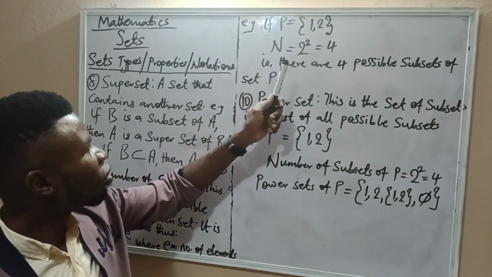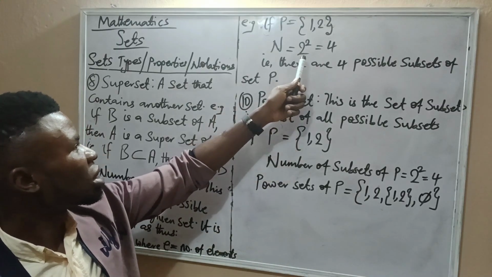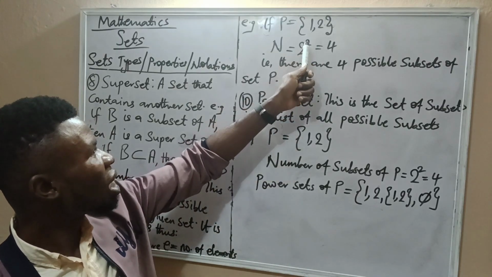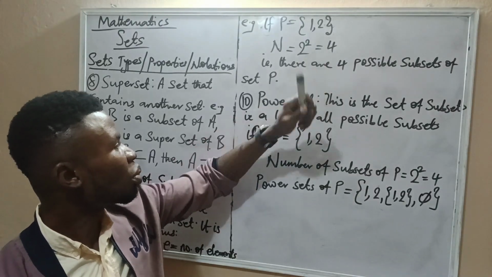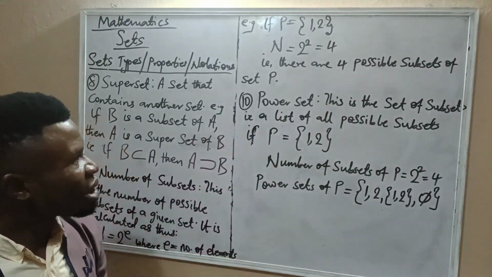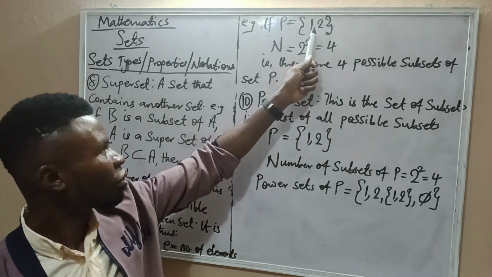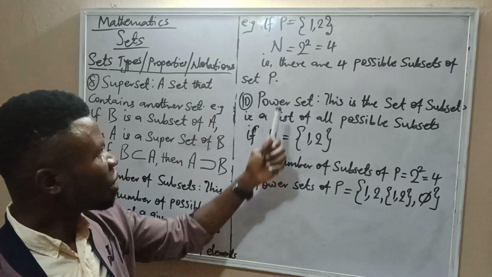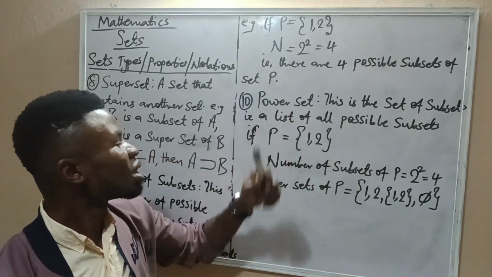The number of possible subsets we can get in P is 2 to the power of 2, where this 2 stands for the number of elements. If you count, we have 2 elements, 1 and 2, which gives 4. That means we can get 4 subsets out of this set. That is, there are 4 possible subsets of set P.